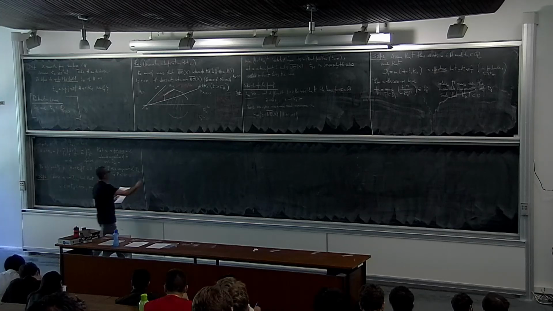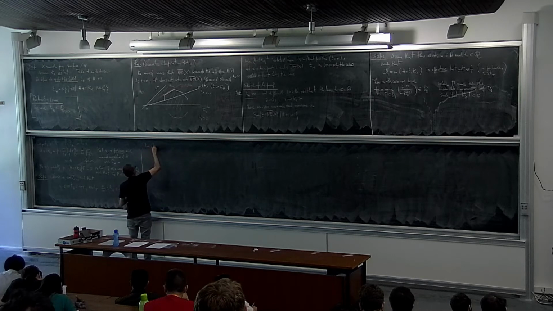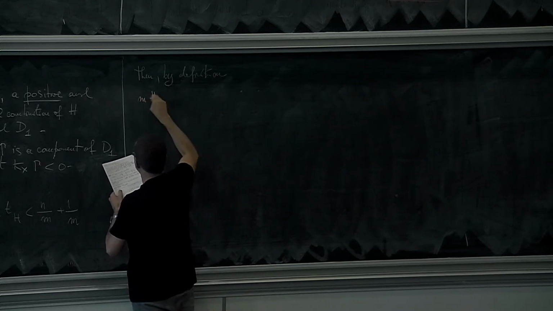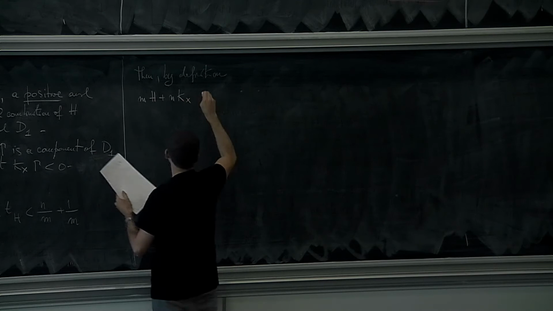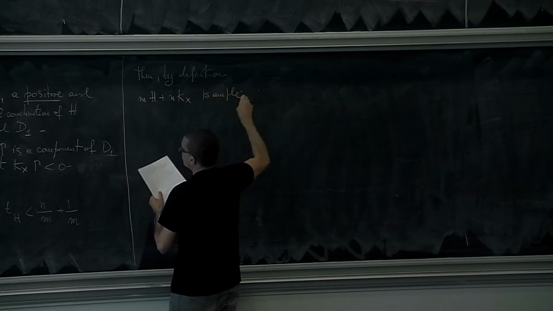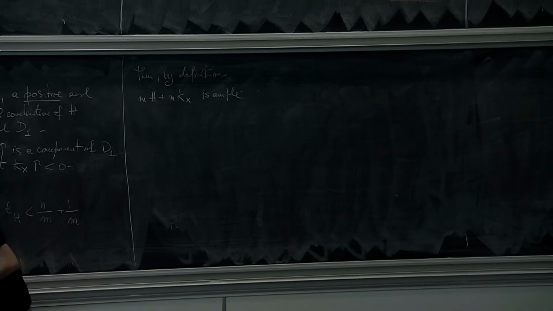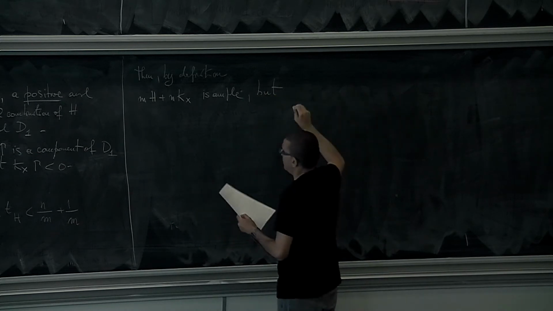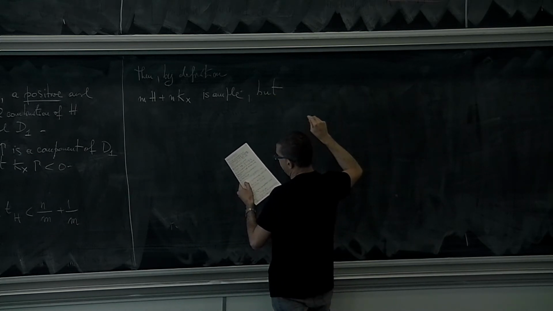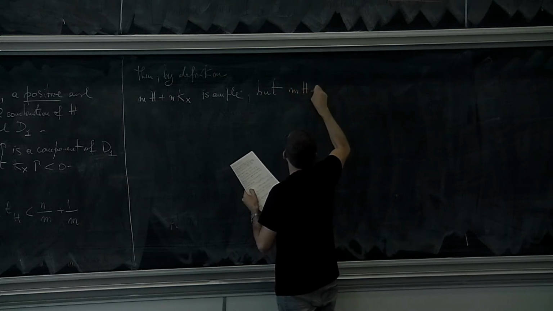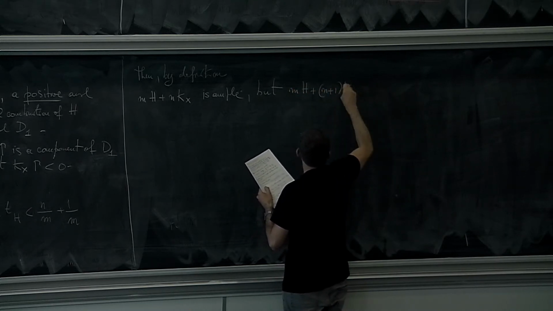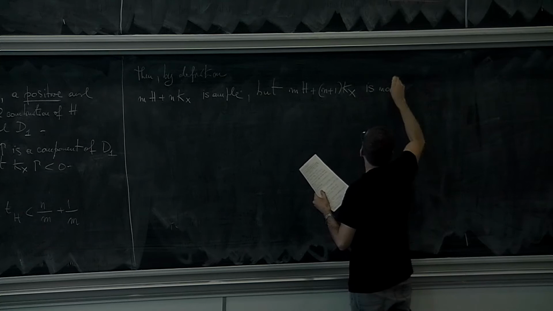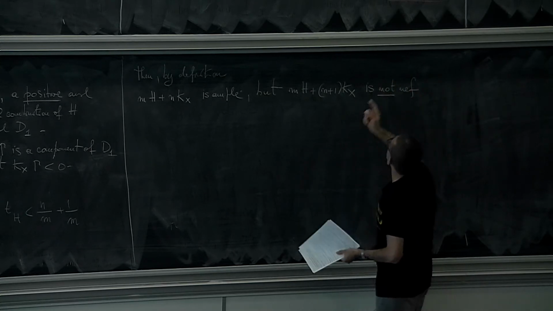Okay, then, by definition, I have that mH + nKX is ample, but we have that mH + (n+1)KX is not even nef.